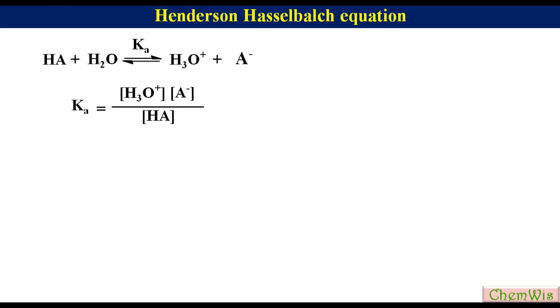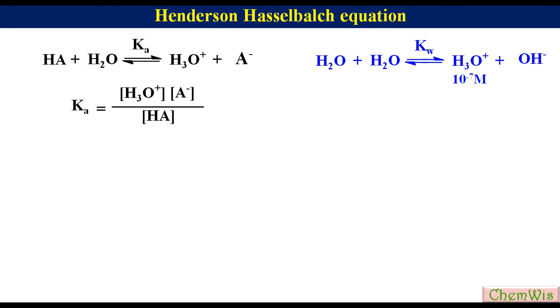We know that water undergoes autoionization to produce hydronium ion and hydroxide ion, where Kw is the dissociation constant of the water. The concentration of hydronium ion produced by autoionization of water is only 10 to the power minus 7 molar.